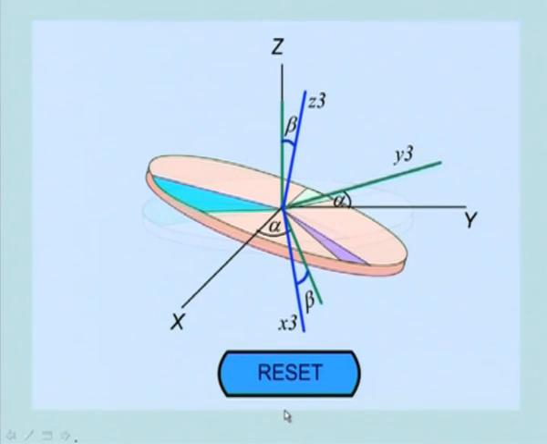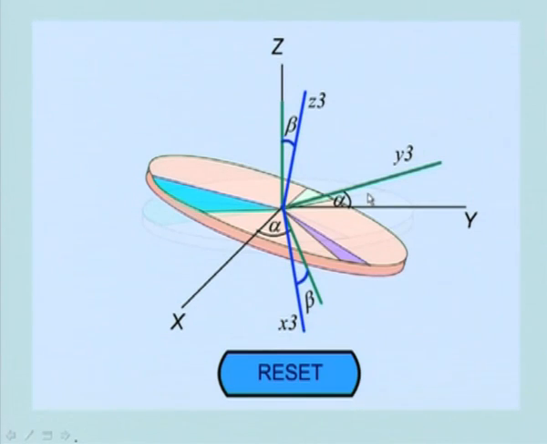By the second rotation, y3 is the same as y2 in the same direction, but x3 and z3 have rotated, and those angles are beta. So that rotation is beta.